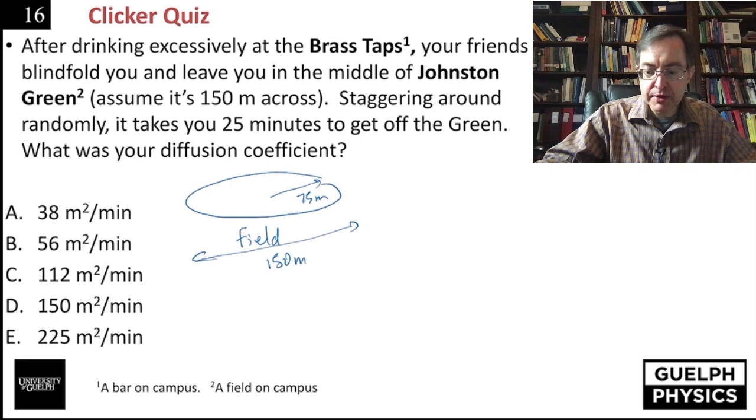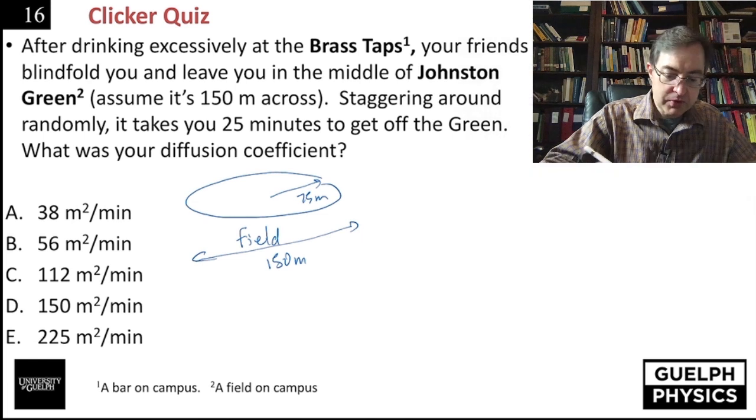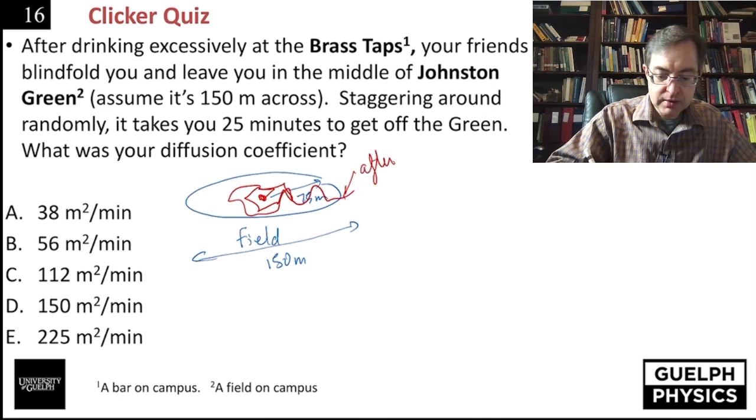Staggering around randomly, you take 25 minutes to get off the green. So if you start somewhere in the middle of the green and you stagger around randomly on the field, and then you eventually leave after 25 minutes. So this is an example of a drunken random walk.